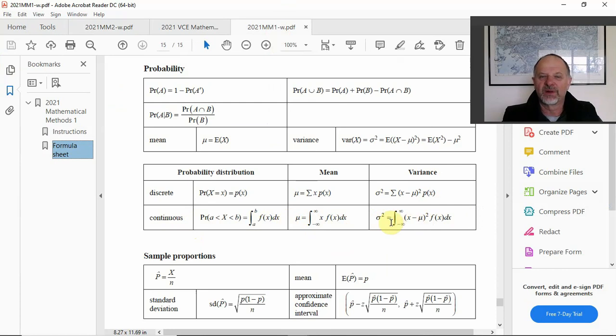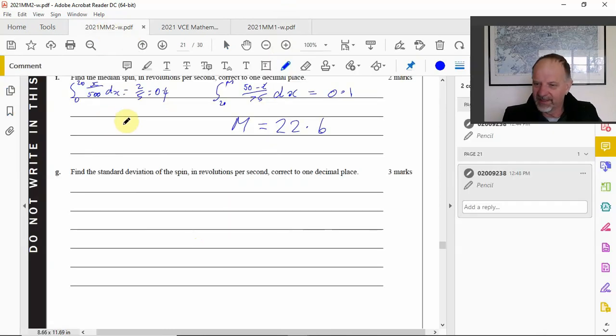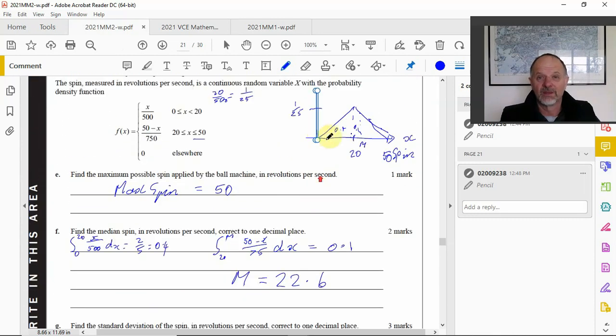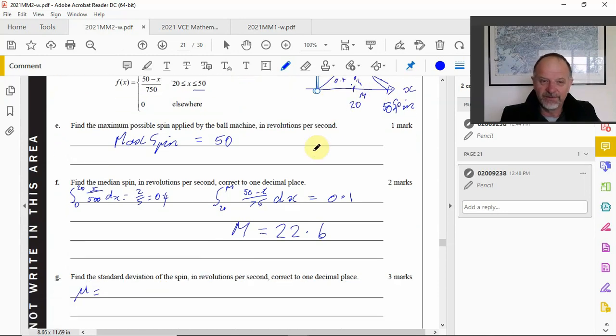So we need to use both of those. First of all, we need the mean. And so the mean, from our formula sheet, there's 2 parts now. Of course, we've got to split this into 2 parts. So it's not just 0 to 50, because we've got 2 parts to this. We've got to go 0 to 20 and then 20 to 50.